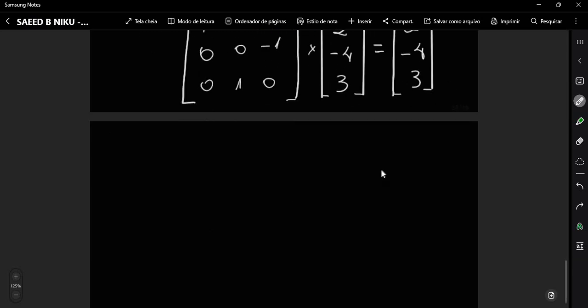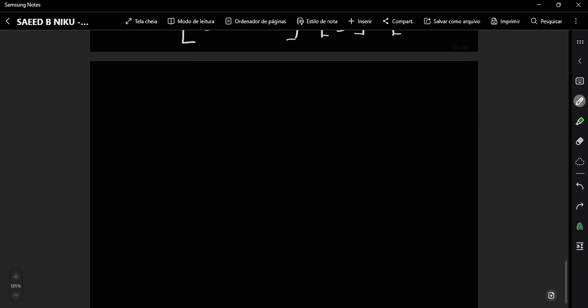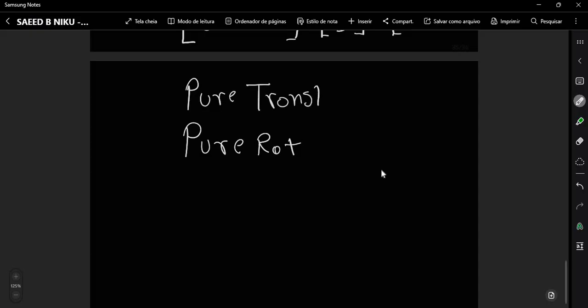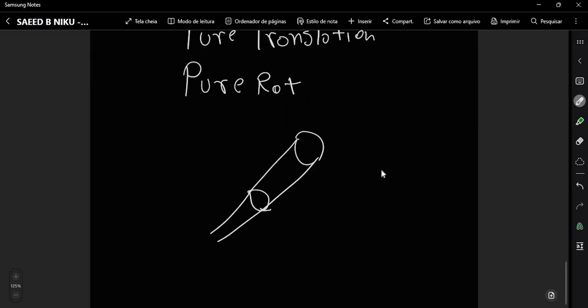Sorry, I said pure translation or pure rotation. We have pure rotation, and we have pure translation. So remember a telescope which has different stages. A translation is like this: you're changing this position for this position.